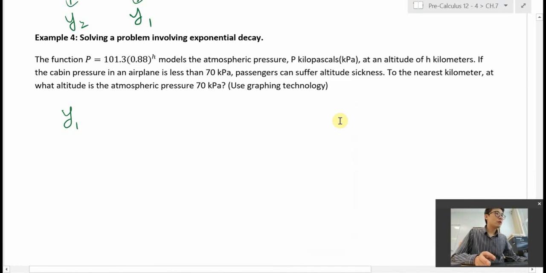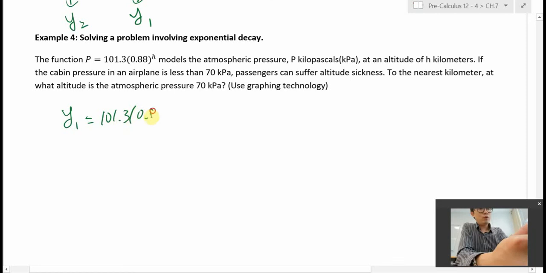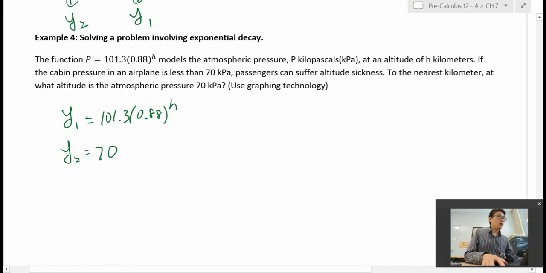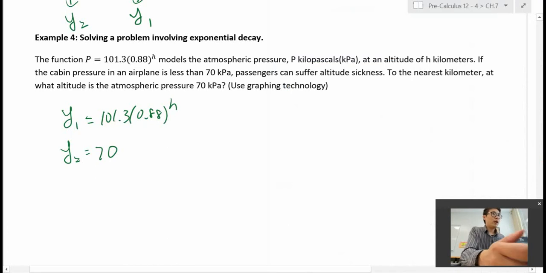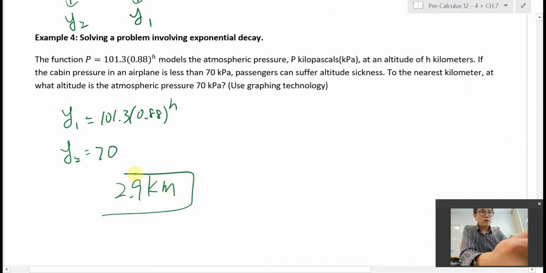So y1 in decimals, this is what you should do: 101.3 times 0.88 to the power of h, and y2 is going to be 70. The point of intersection was 2.891, 70. If you want to round to the nearest tenth, it will be 2.9. So you'll be at 2.9 kilometers, and then the pressure would be 70 kPa.